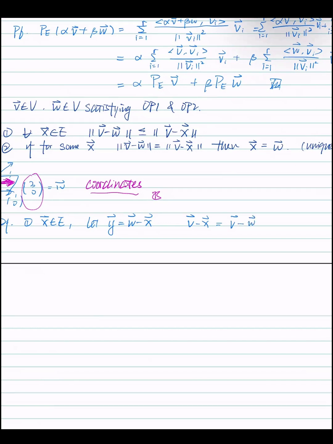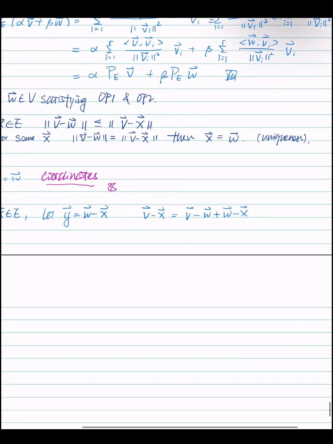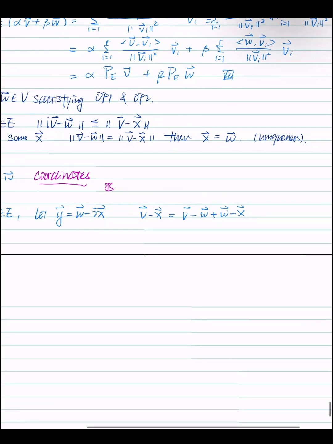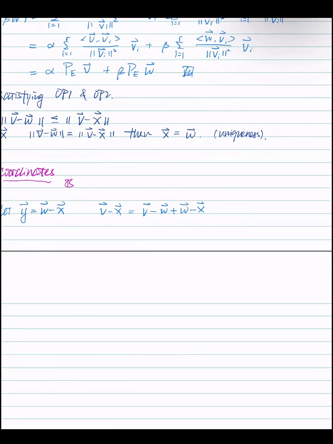We subtract a vector and then add the same vector, because these two will just be 0. This technique is actually always used in proofs. We subtract something and add something. And since we defined Y equals W minus X, this becomes V minus W plus Y.